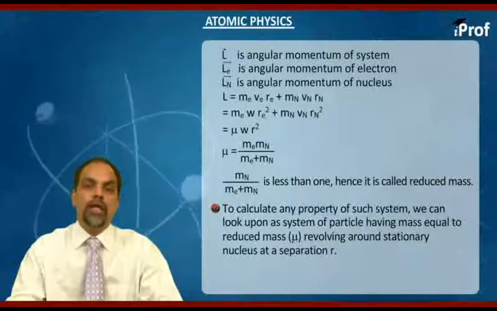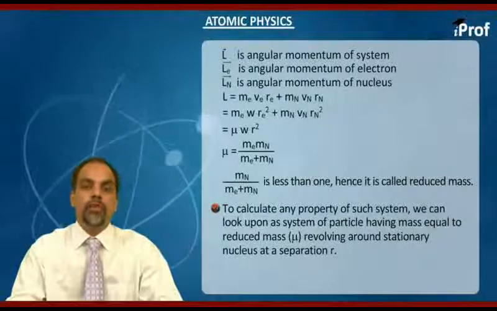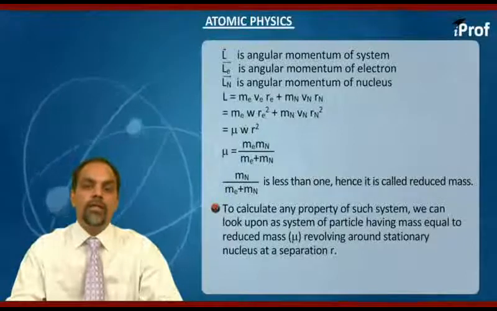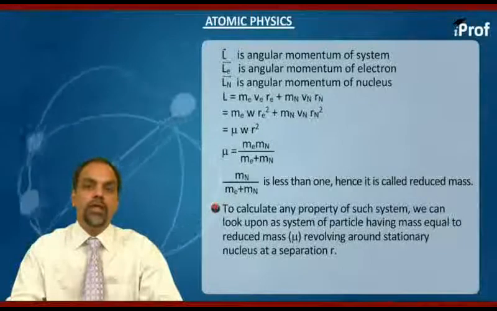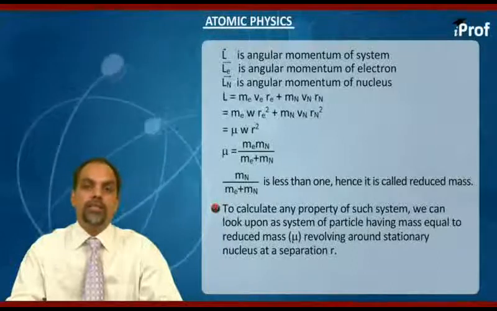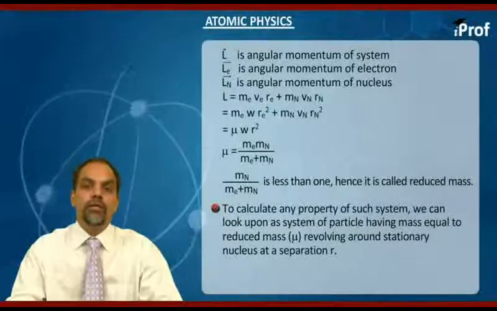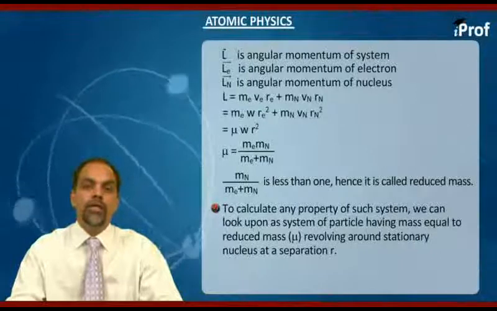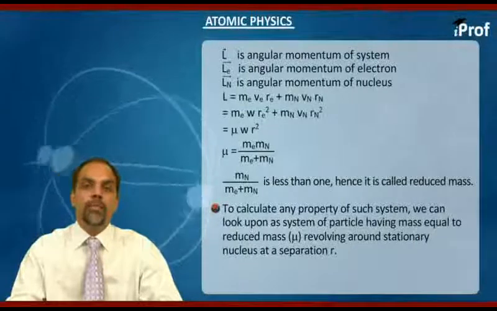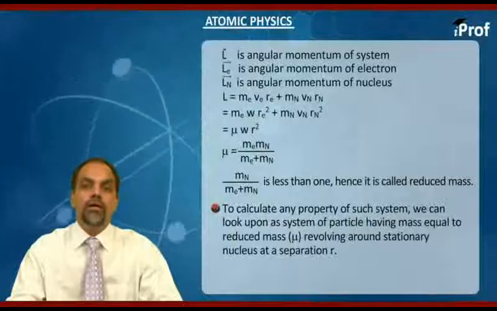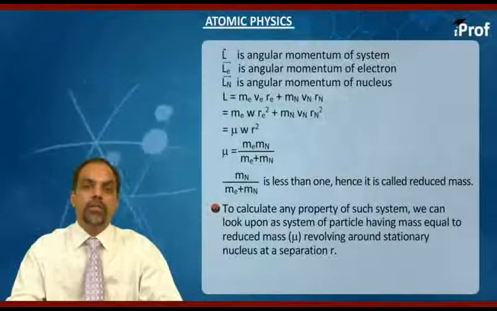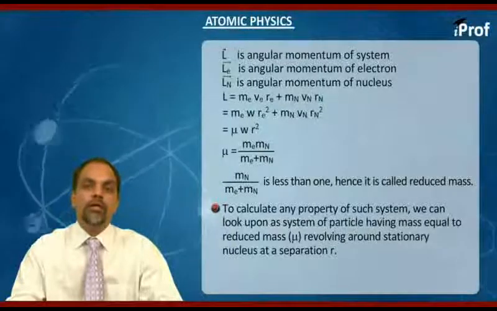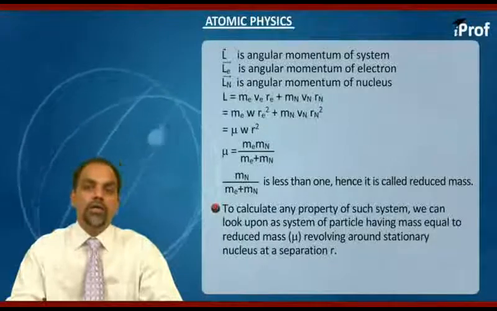So angular momentum L for the system will be Me Ve Re + Mn Vn Rn. In terms of omega we can write it will be Me ω Re² + Mn ω Rn².